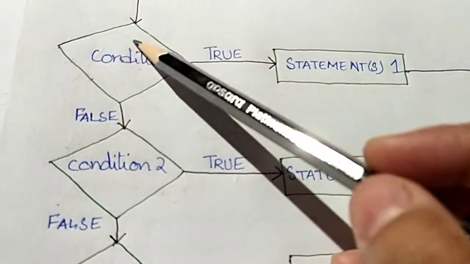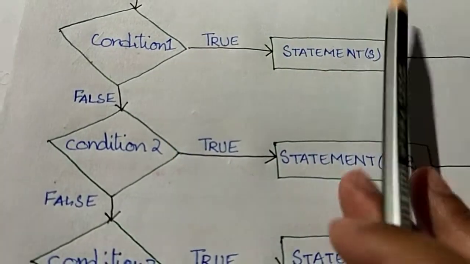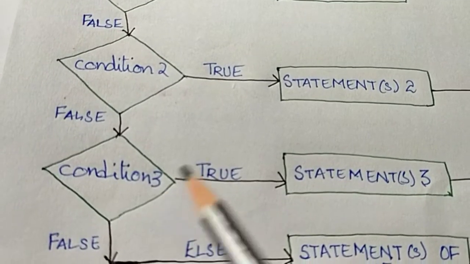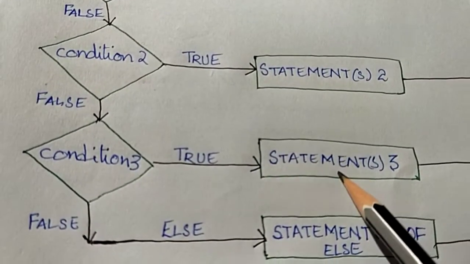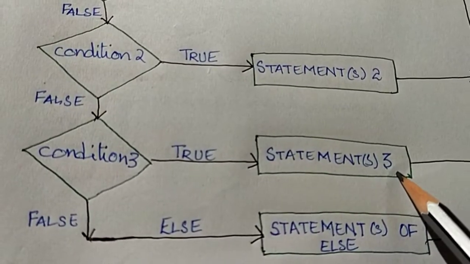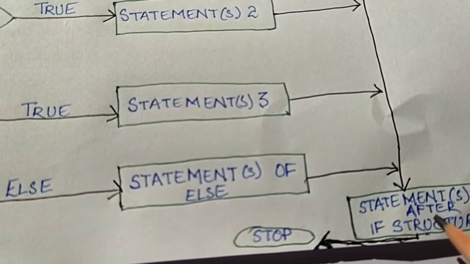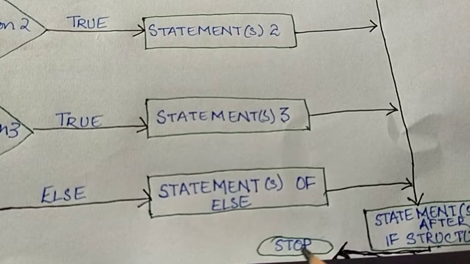Fine. But if the first condition is false and the second condition is false, it will go to condition number 3. In case condition number 3 is true, then the statement of condition number 3 will execute, and then after that it will pass on to the next statement after the if structure, and it will stop the program.